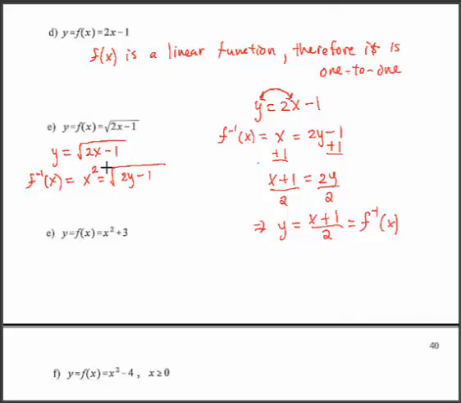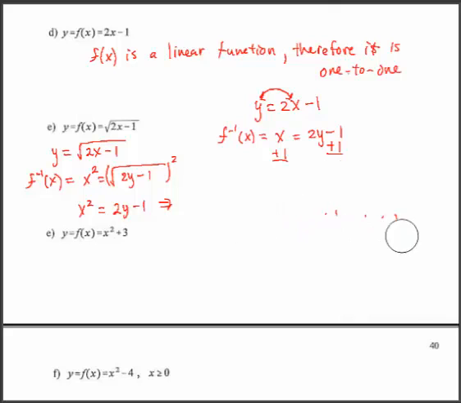I start out by squaring both sides. This square removes the radical from the right. Okay, I'm going to have to make a little bit of room. And my next step to get y by itself would be to add 1 to both sides.